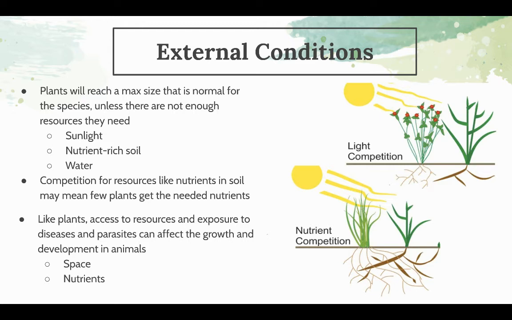A goldfish in the wild can grow to about 10 centimeters long, but in a small bowl, it's only going to grow to about 2 or 3 centimeters. This is because there's not enough space in that small bowl, or the resource being space, there's not enough space for that animal to grow to its proper size.